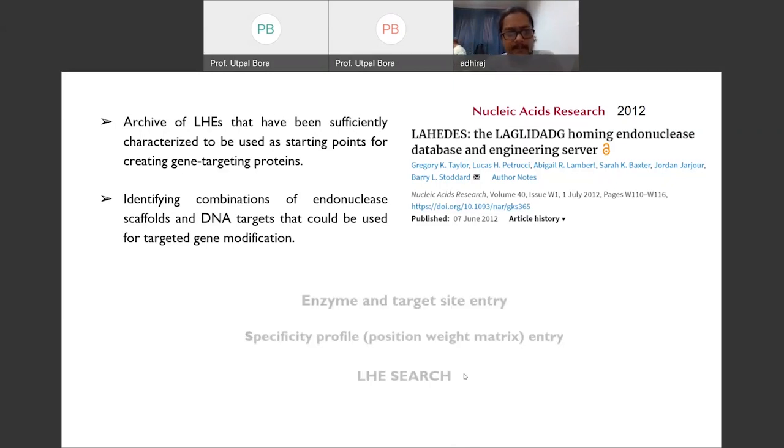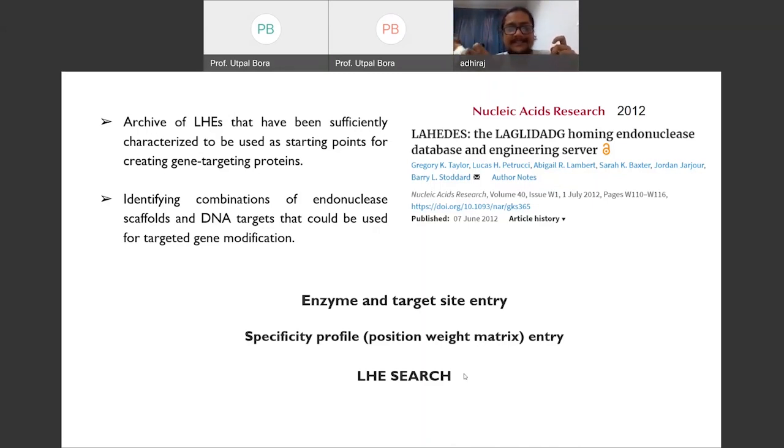So identifying combinations of endonuclease scaffolds and DNA targets that could be used for targeted gene modification. This website actually had three major features, as you can see. The first thing they considered was enzyme and target site entry. They have a collection of these site entries and the enzyme responsible for it. Then they have given each nucleotide position some weight values: specificity profile entry, or position weight matrix.